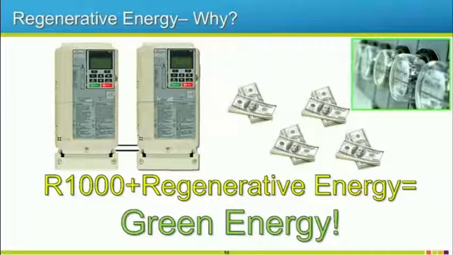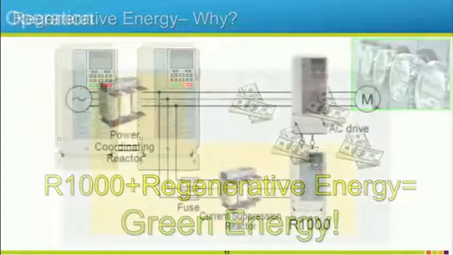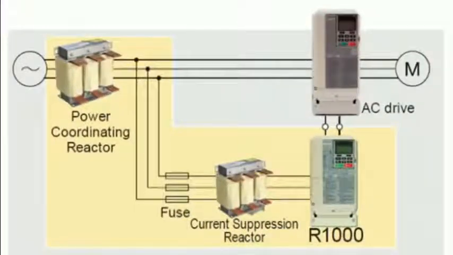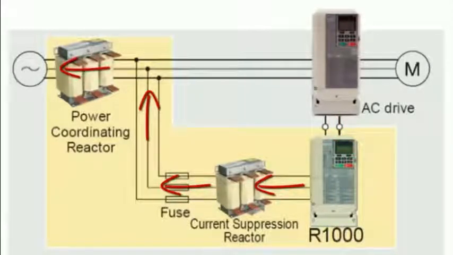Now let's look at how it accomplishes this. The R1000 is wired in parallel to an AC drive via the DC bus. Regenerative energy will flow into the R1000 unit. The R1000 takes this regenerative energy and converts it from DC to AC and applies it back onto the utility.